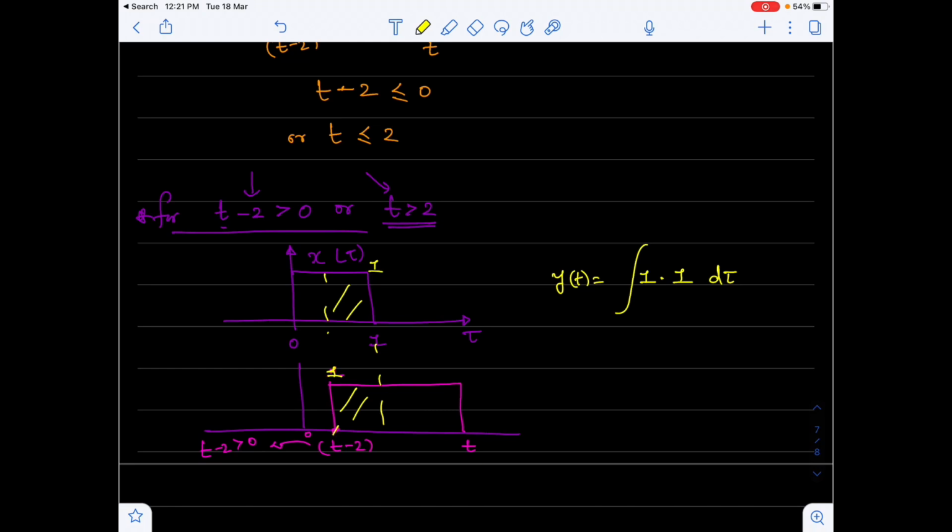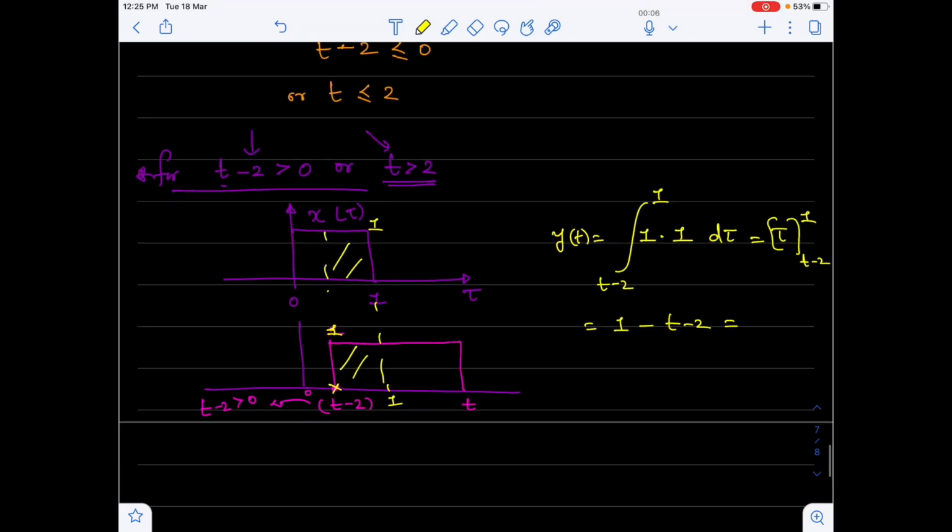The integration limit is changing from t minus 2 to 1, right? That is the common region. So this will become tau evaluated from t minus 2 to 1. So y of t we will be getting as 1 minus (t minus 2). I have to put a bracket here. Now you see it is nothing but 3 minus t.